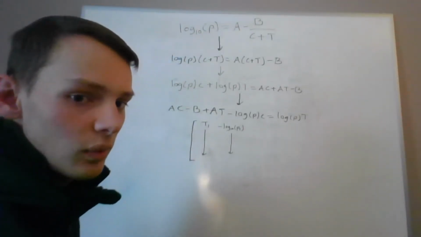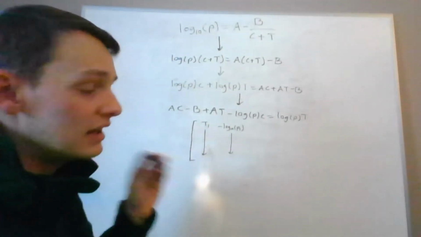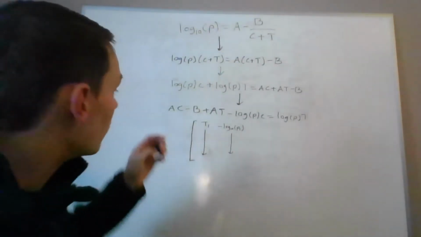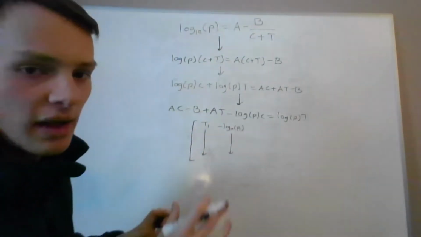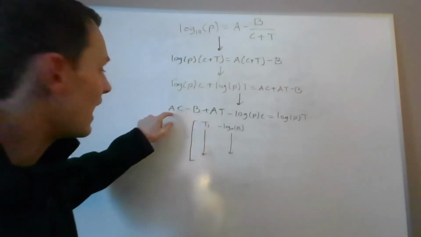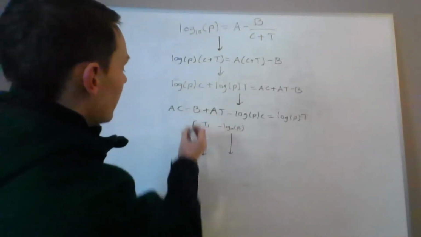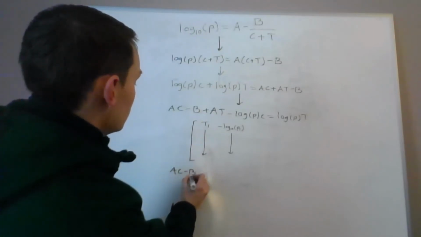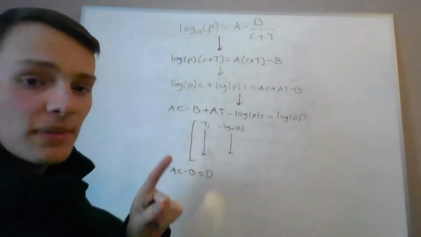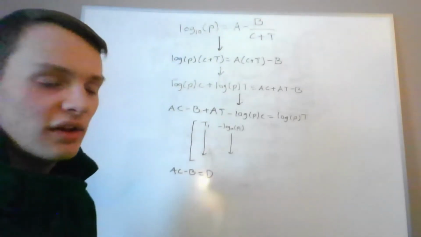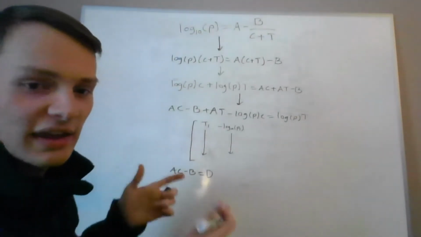And once again here, we are going to need a column of ones because there will be an unknown coefficient here that we need to solve for that's not multiplied by any variable, and that's AC minus B. And you might see that we have a bit of a problem here because we have A times C. We have B, which is great, but we also have A times C. What I'm going to do to get around this is just represent AC minus B as D. So we'll call that one unknown coefficient D. And then what we can do, especially when we solve this problem in Python, is actually use this equation to solve for B in the end.